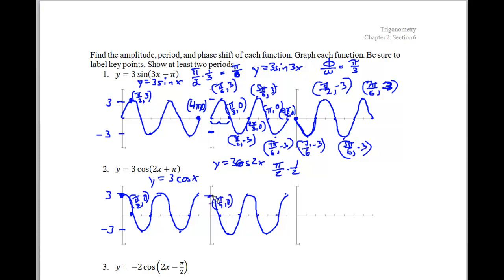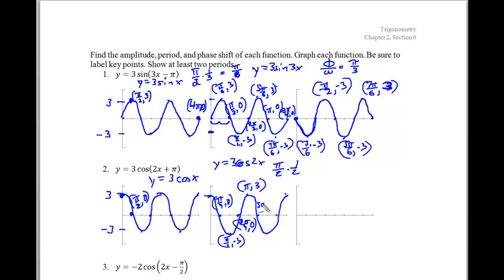And we're still starting at 0 comma 3 here. This down here at the bottom, since we're moving by pi over 4, this is 2 pi over 4, or pi over 2 comma negative 3. This would be 3 pi over 4 comma 0. And this would be 4 pi over 4 or pi, comma 3.